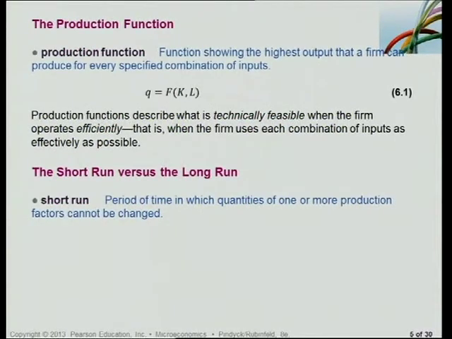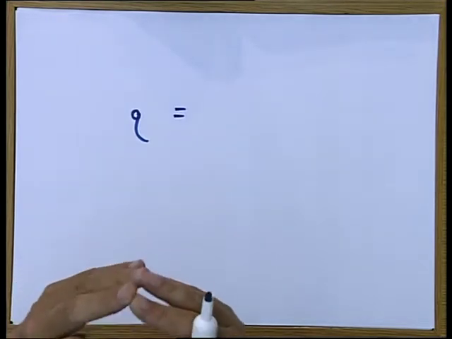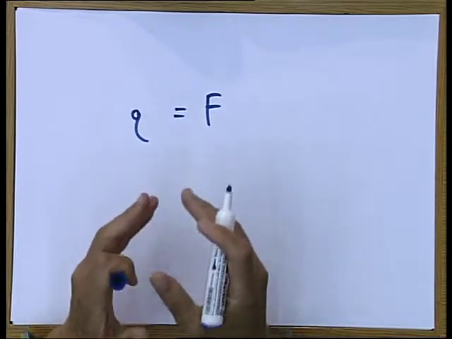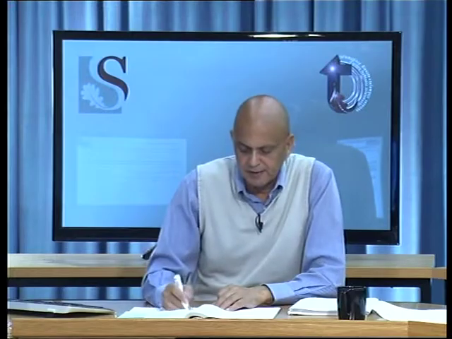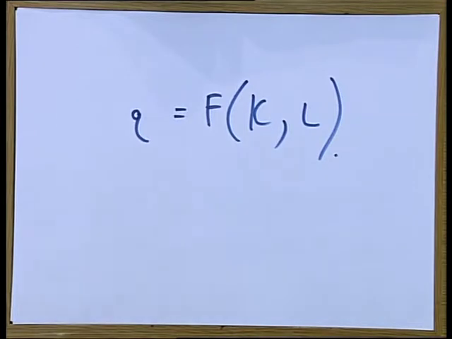But what is important is that you need to know what a production function is. Mathematically, a production function can be illustrated: Q is a function of capital and labor, as we assume there are only 2 factors of production. A production function shows the highest output, the maximum output, that can be produced for every specified combination of inputs. So we're talking about capital and labor as a combination of the 2 inputs.